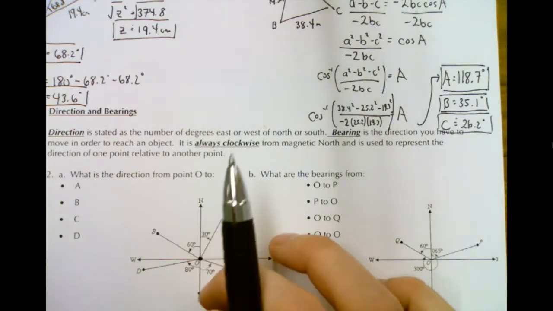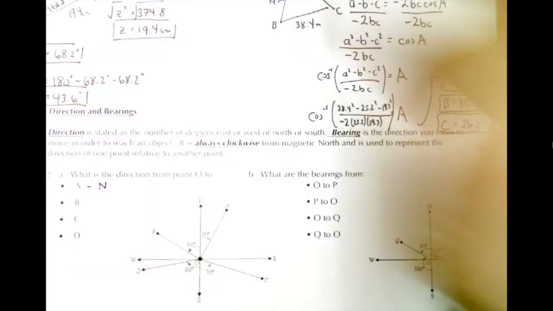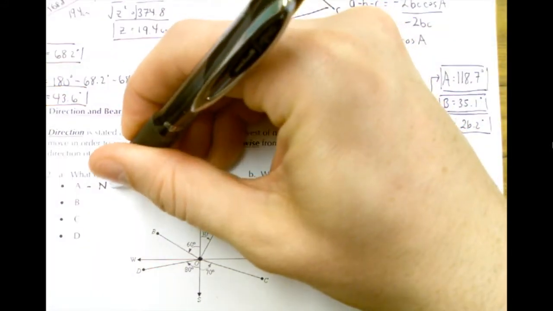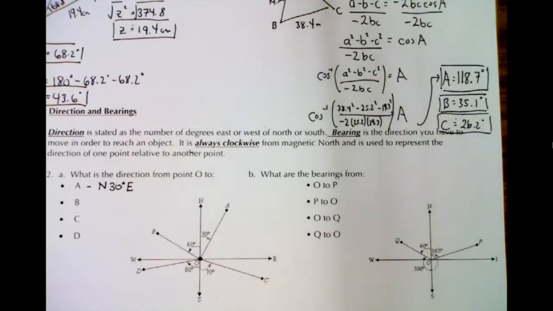So we start by writing A is north, and then you state how many degrees towards east or west we're moving. In this case, A is 30 degrees towards the east. So we would write north 30 degrees east. And that would be our bearing.